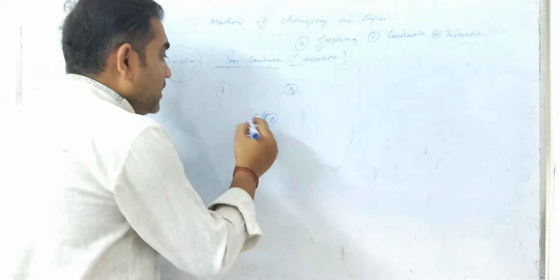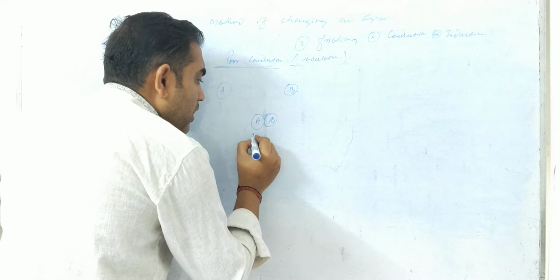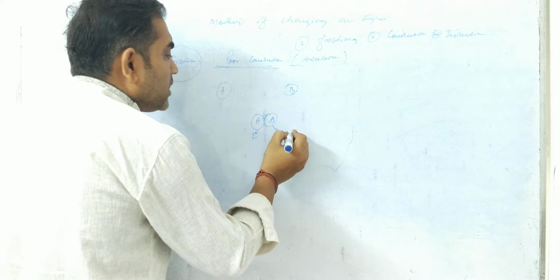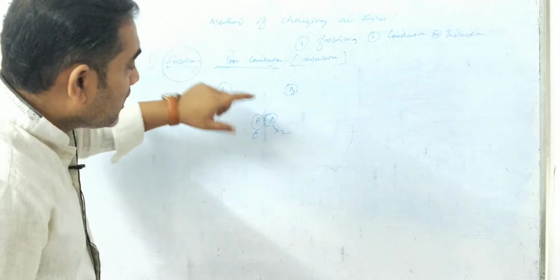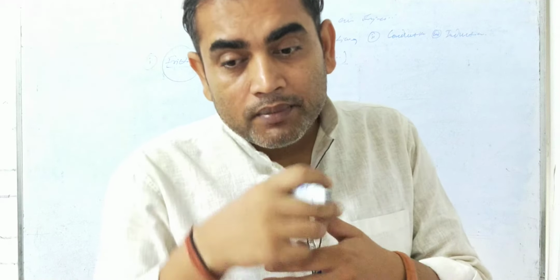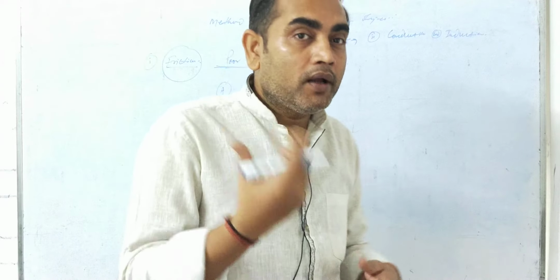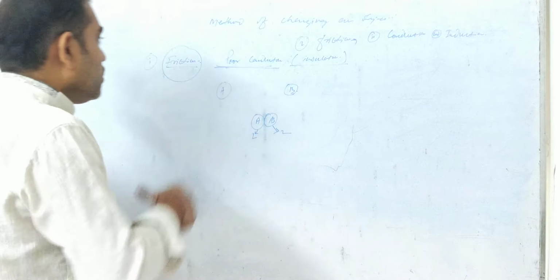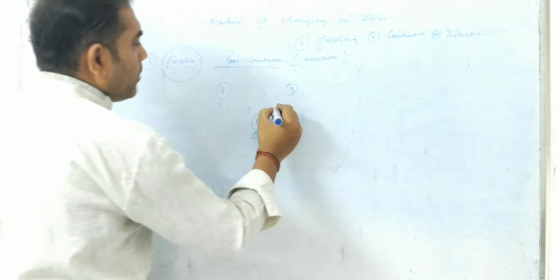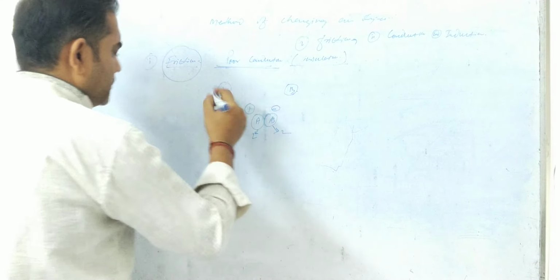If this object has lost two electrons, those two electrons are accepted by the other object. As many electrons as are lost by one object, that many are accepted by the other. So in friction, one object gets positively charged and the other gets negatively charged.